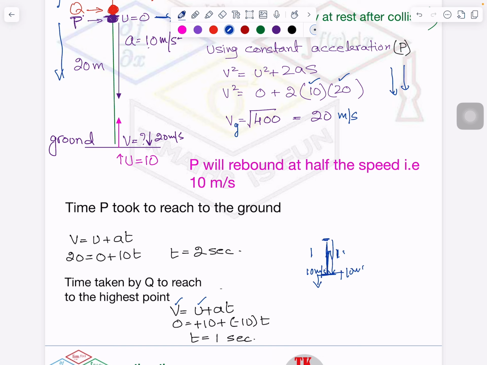I know when Q is coming back here, right after coming back from the highest point, it will again have velocity 10 meters per second, and altogether it has taken 2 seconds. What does this mean? This was the ground. When P will rebound from here, Q will be at this point and it will come back, and this distance is 20 meters. Right? So let's see.